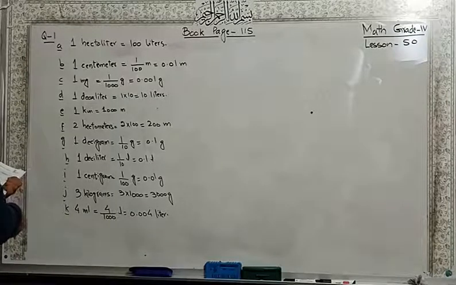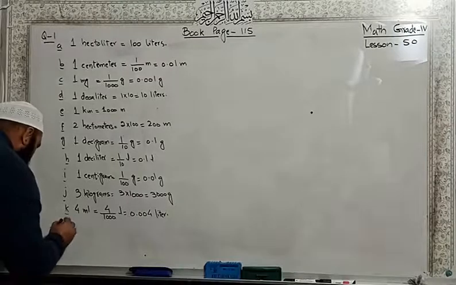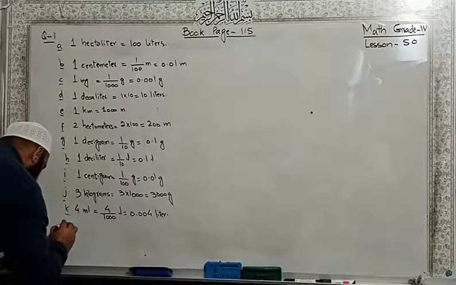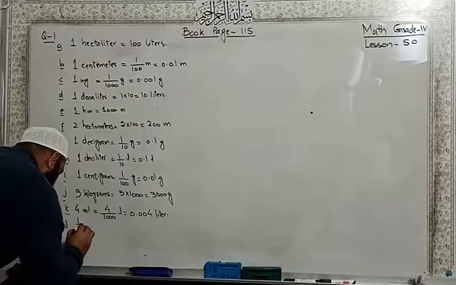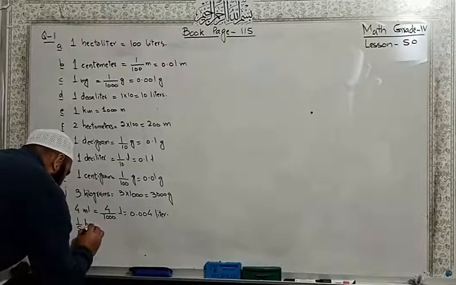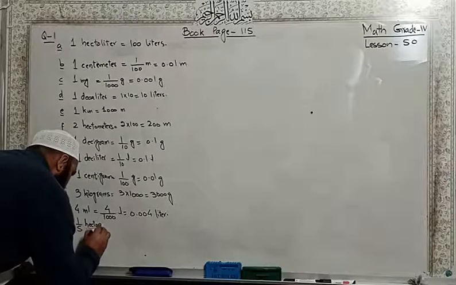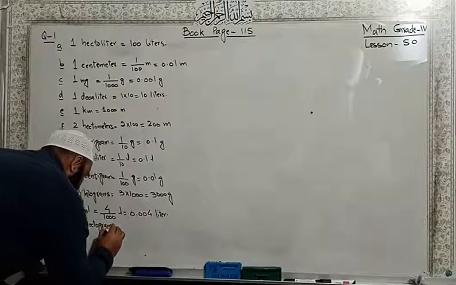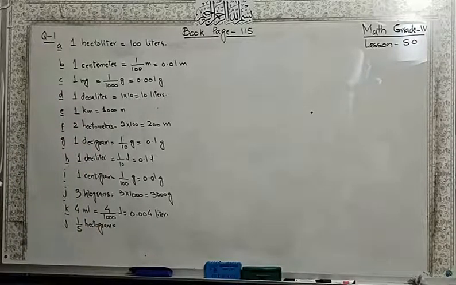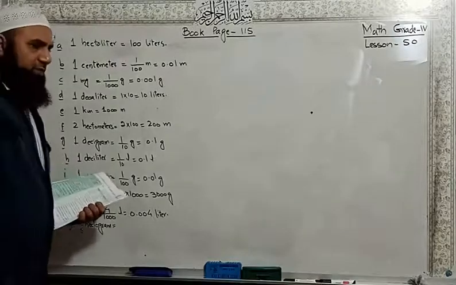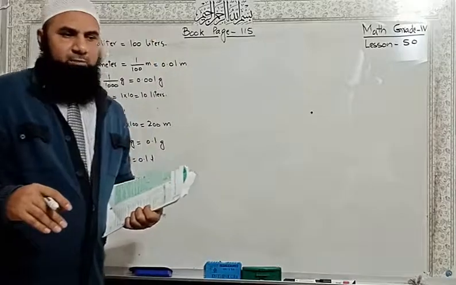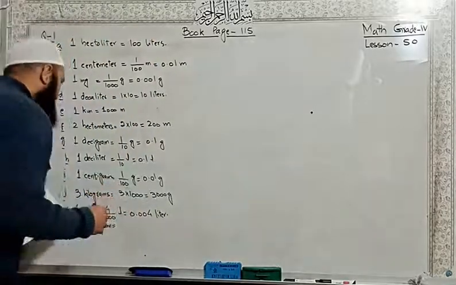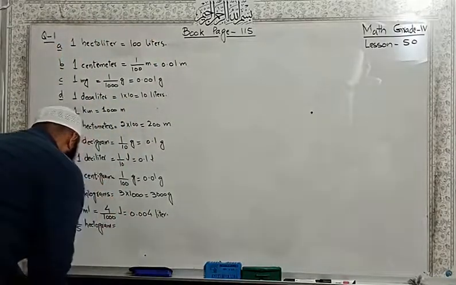1 over 5 hectogram. Hecto means 100 times a gram, meaning 1 gram multiplied by 100.